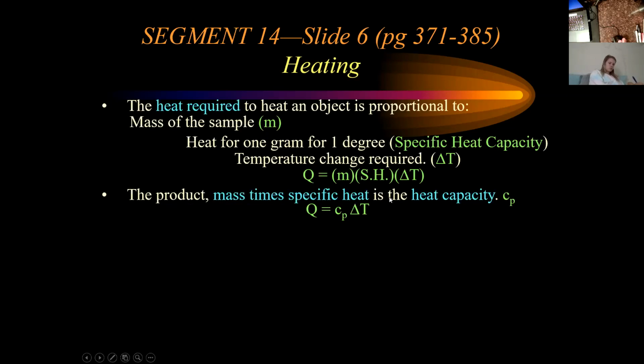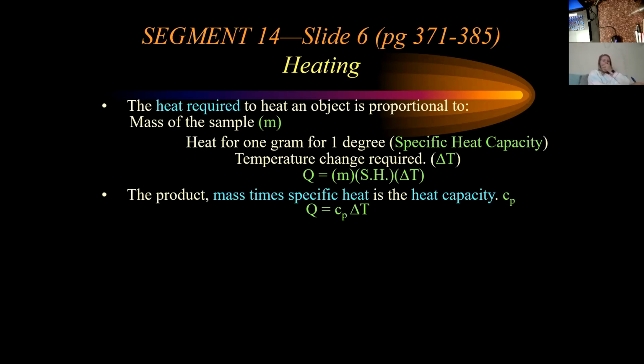Now, if you're doing the same calorimeter experiment over and over again, you're probably going to use the same apparatus. So rather than measure the mass and the specific heat every time you use it, what we do is we take something, typically a compound called benzoic acid that has a very accurately known heat of combustion.